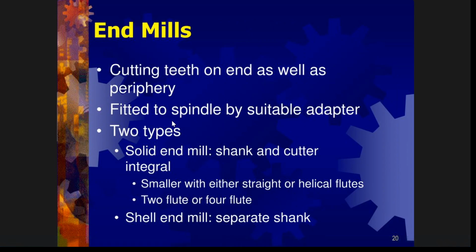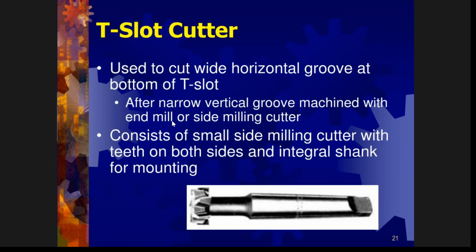End milling cutter. Here also, end milling cutter is already explained. The cutting teeth are on both its ends as well as the periphery. This is used for making pockets, cavities, etc. And this is used with a tapered shank cutter holder. This is the figure.